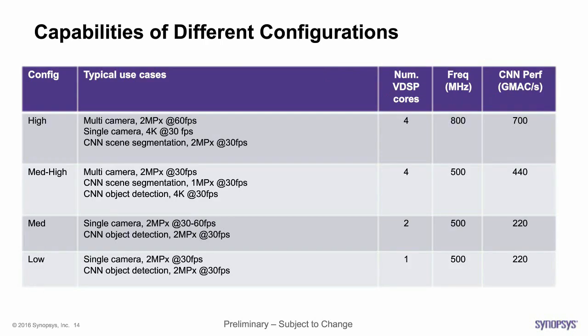So I put this slide in so you'd have a sense of some of the capabilities. High, medium, low configuration is arbitrary, I just put that in there. But in a low configuration, which would be a single Vision CPU, VDSP is vector DSP, a single Vision CPU core running at 500 megahertz with a CNN engine configured to a very low number of operations per second at 220, could support a single camera at 2 megapixel, 30 frames per second, which again, 2 megapixel is 1080p.